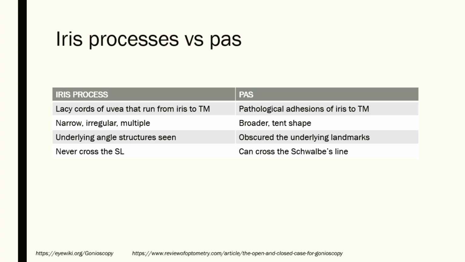When iris processes are visible, it means the angle is open, so you can see the underlying angle structures. But with PAS, it obscures the structures that lie behind it. One important distinction is that the iris process will never cross the Schwalbe's line, whereas PAS can. These two images are showing iris processes. You can see multiple lacy projections which do not cross the Schwalbe's line.